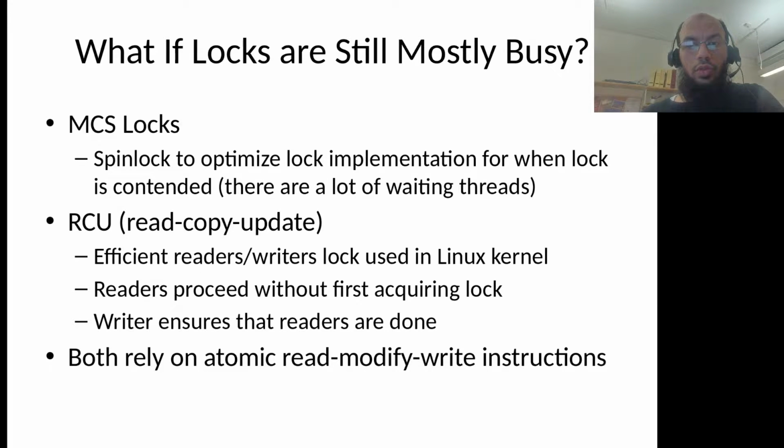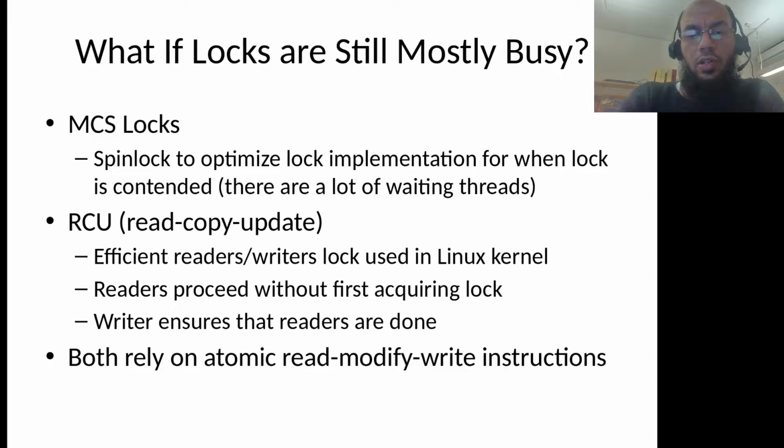We also talked a bit about the MCS locks, and we said that they are spin locks implemented to optimize for when the lock is contended. So it's an implementation that tries to optimize for the case when the lock is mostly busy versus most other implementations which would optimize for when the lock is free.